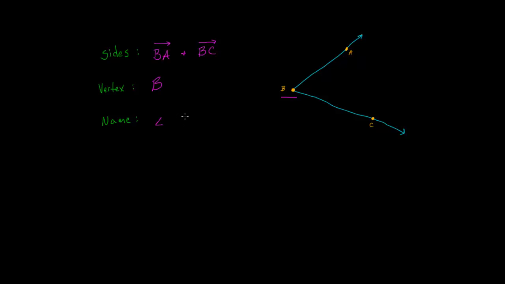In most cases, you're going to want to use all 3 points. We're going to start with an outside point. Our middle point must be our vertex. So as an example, right here we have A, B, C. So we have angle ABC.